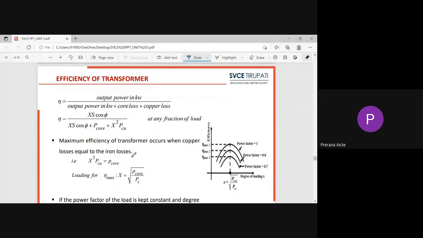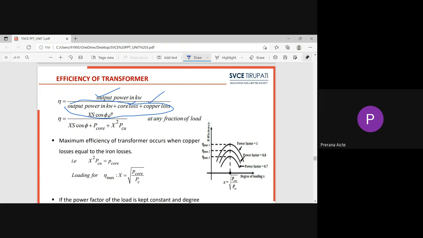Efficiency of the transformer. We know the output power of the transformer. Efficiency of the transformer is output power in kilowatt by output power in kilowatt plus core losses plus copper losses. Generally output power by input power. This input power we can call output power plus losses.